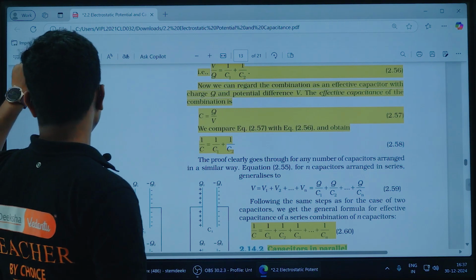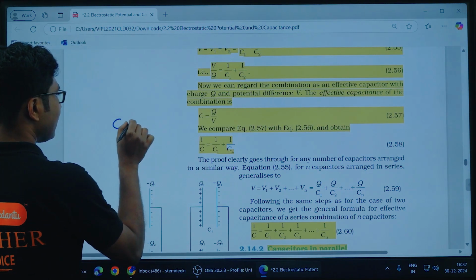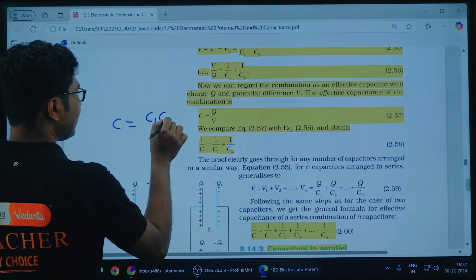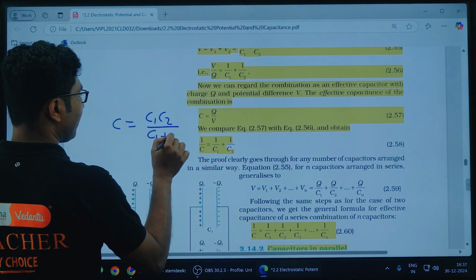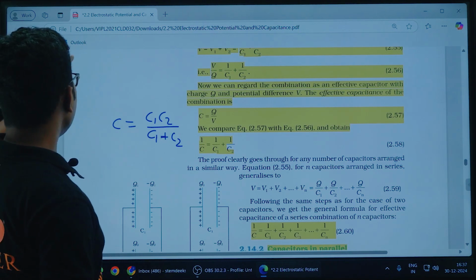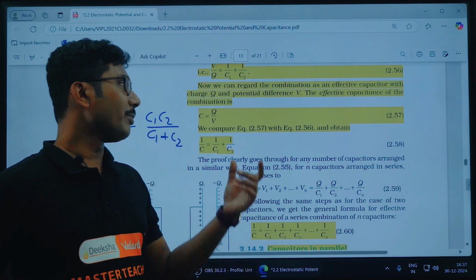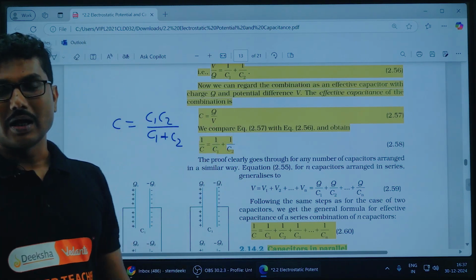And if you are preparing for a competitive exam, you should remember that when two capacitors are connected in series, it is C1 C2 by C1 plus C2. This is the shortcut formula to directly calculate the values. Otherwise, I have seen students using the general formula, but at the last moment they forget to take the inverse.